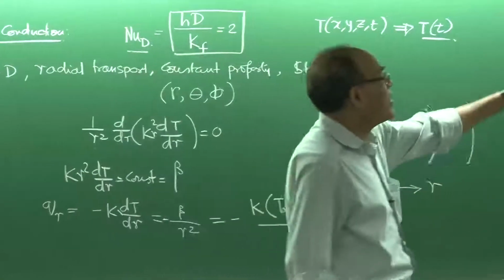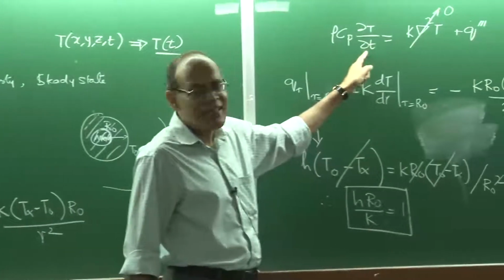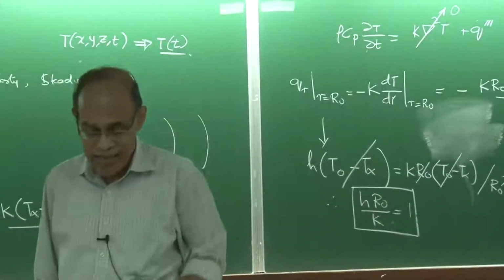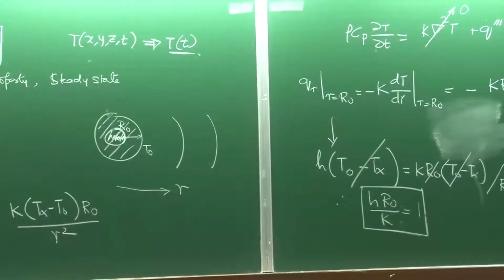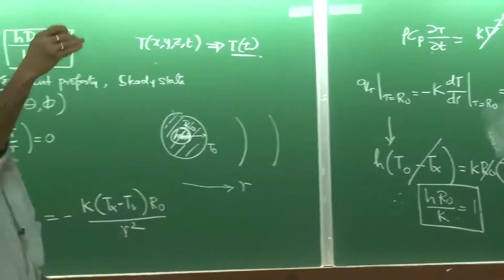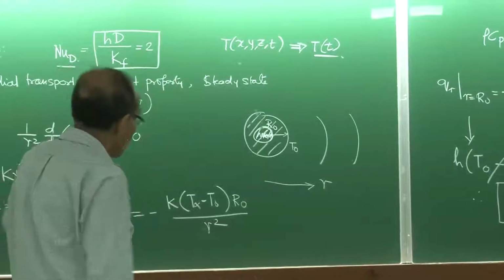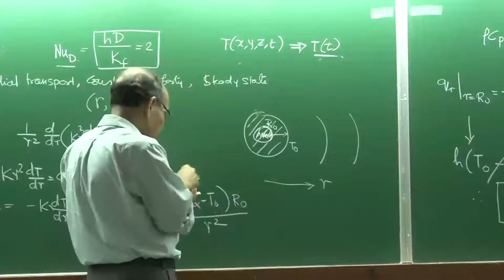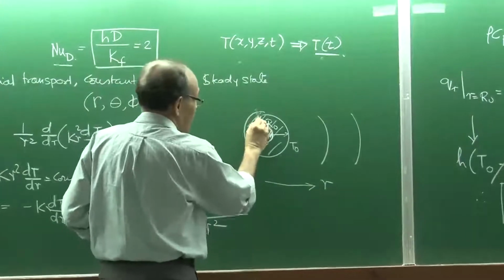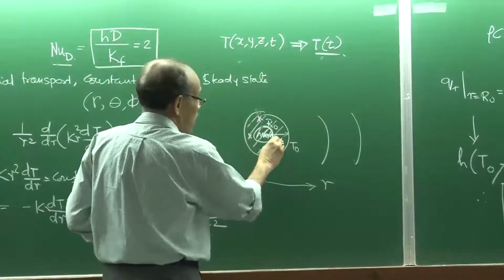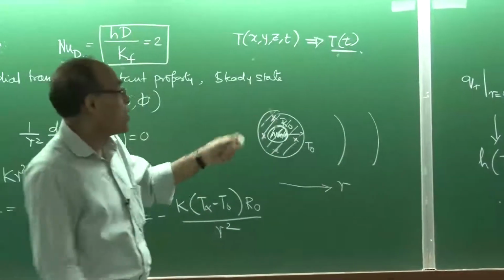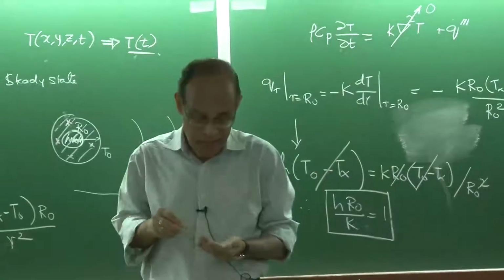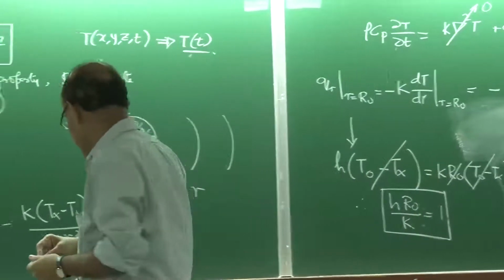In that case, integration of this will require only one single condition, that is at t equal to 0, the initial temperature given in the system, and then you should be able to march the solution in time and get as a function of time how the temperature is changing within the solid. But note, under that condition the temperature here and here are all going to be identical. The spatial variation term has vanished because the thermal conductivity is very, very large.